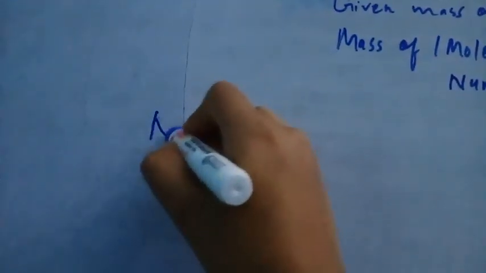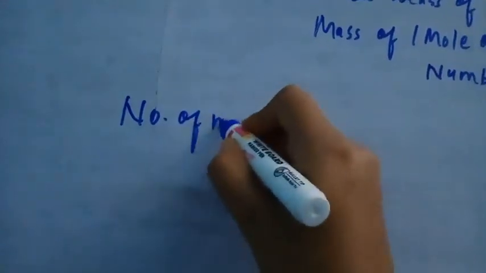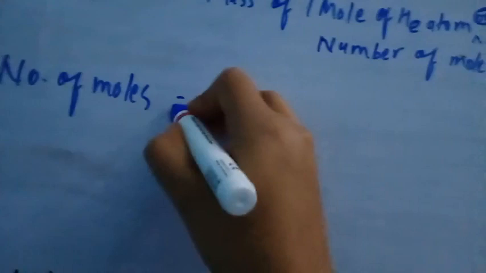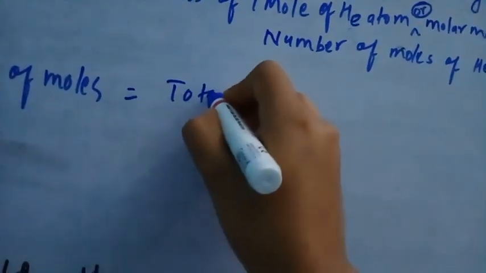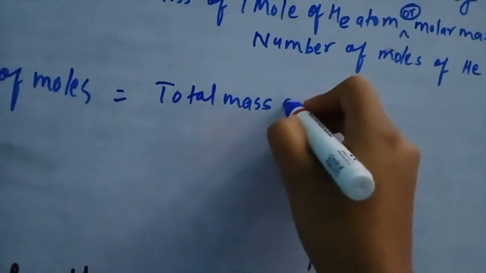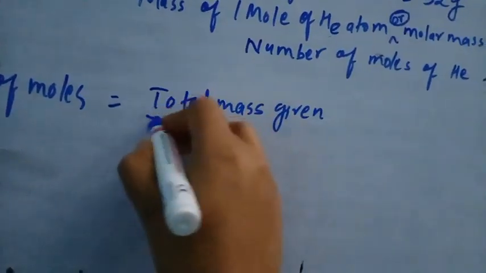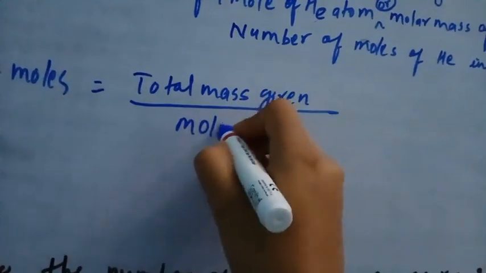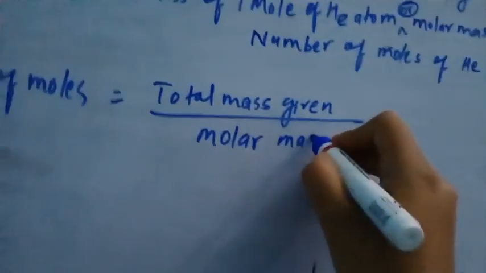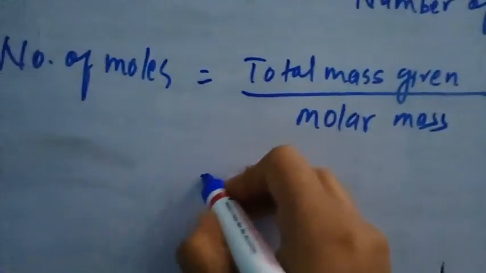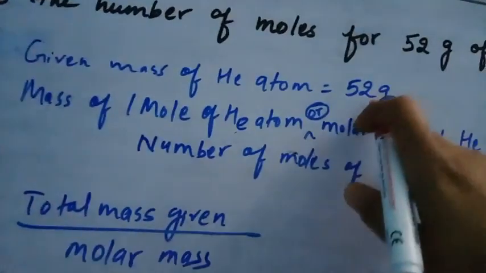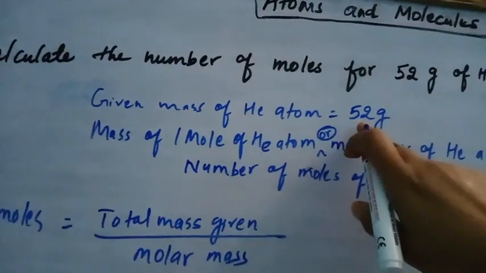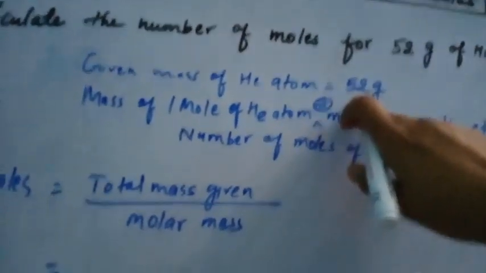The formula is: number of moles is equal to total mass given divided by molar mass. Total mass given is how much? The total mass of helium atom is 52 grams.